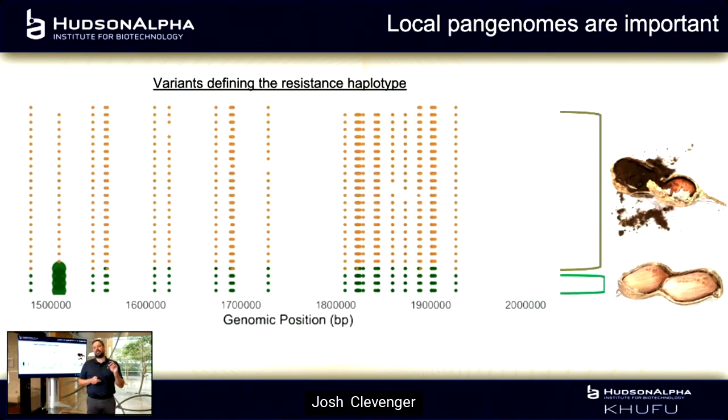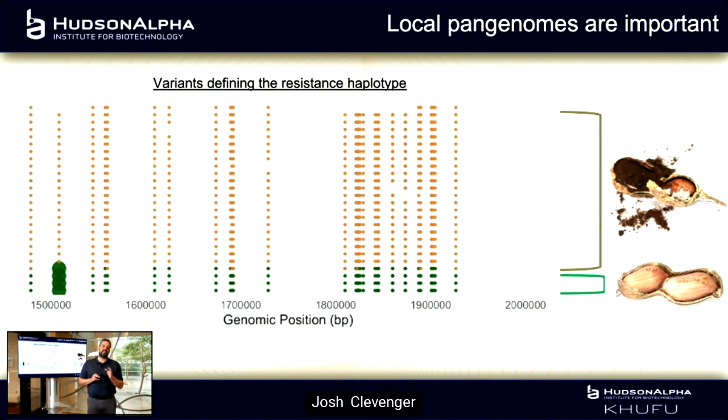In that region, there's a clear haplotype that indicates the resistance for smut. The interesting part about this locus is that it is the largest set of R genes in the entire peanut genome.